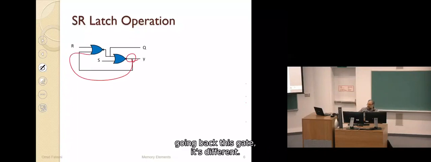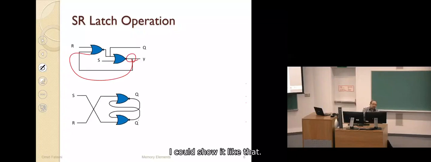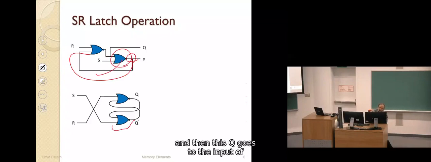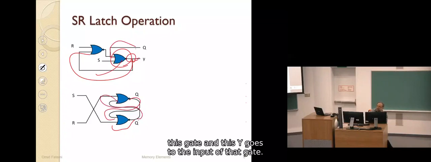So it's different. So let's see what happens with this circuit. I could show it like that. They are the same. You see that I put this NOR gate down, and then this Q goes to the input of this gate, and this Y goes to the input of that gate.